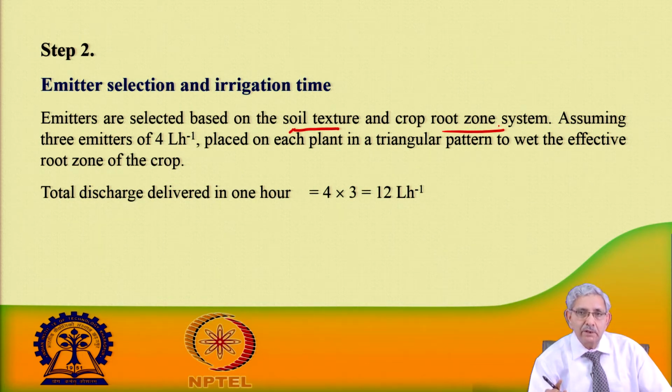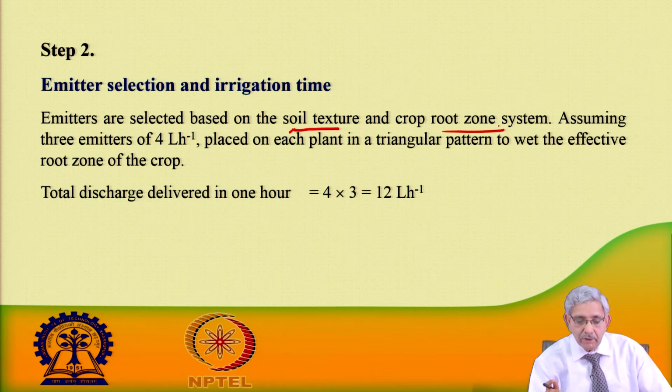one dripper will not be enough, so we have to provide a sufficient number of drippers, and water is to be given at this flow rate, which is the characteristic, so that the wetting can be made.